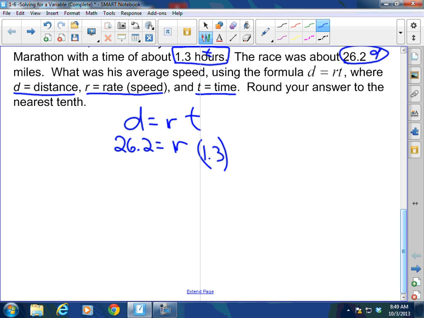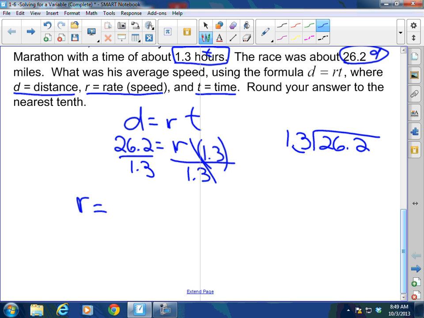Yes, sir. That's exactly correct. Since R is being multiplied to 1.3, you're going to go ahead and divide both sides by 1.3. So R will equal 26.2 divided by 1.3. Move the decimal one place to the right in both.